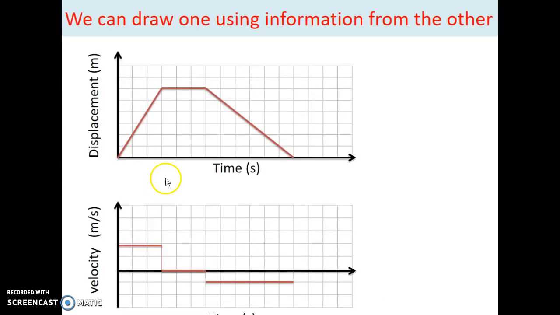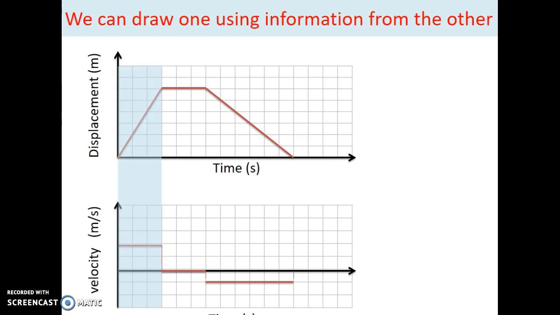If I put them both on one screen, you can see that the velocity, which is the gradient on the displacement time graph, is a positive value on the velocity time graph, whereas this one has 0 gradient, so that's 0 velocity, and the third portion is a negative gradient, and it is less than this gradient here, a lower value, and so it will be closer to the x-axis in the negative area of velocity.